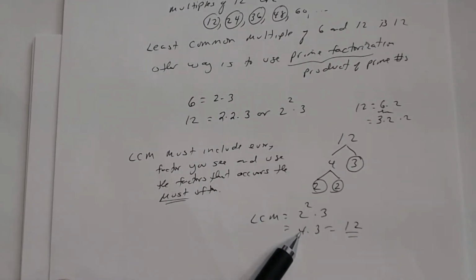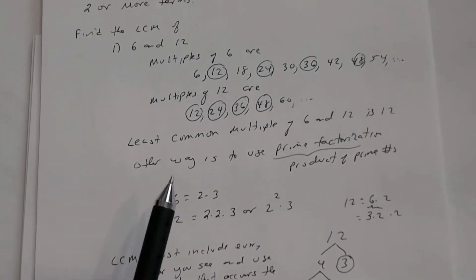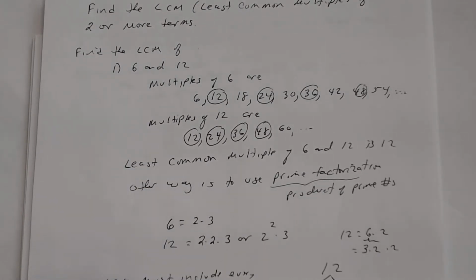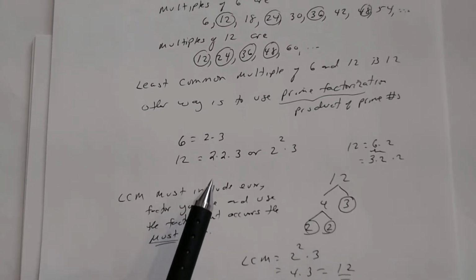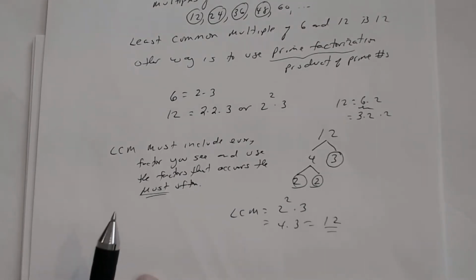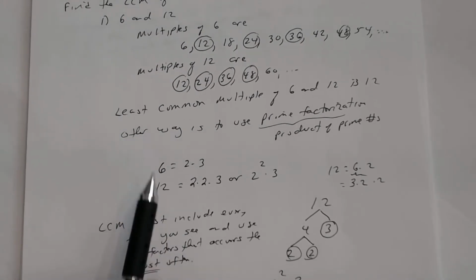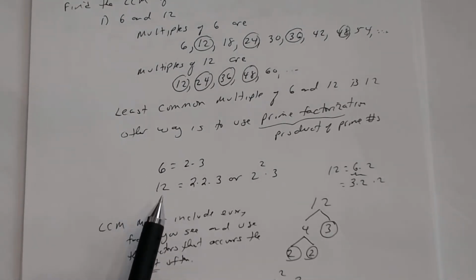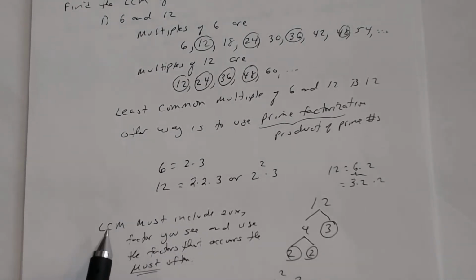It's very important that you understood it in both ways. Majority of our time, though, was spent on prime factorization because that's usually what students will fall back on when these numbers become too big to deal with mentally.